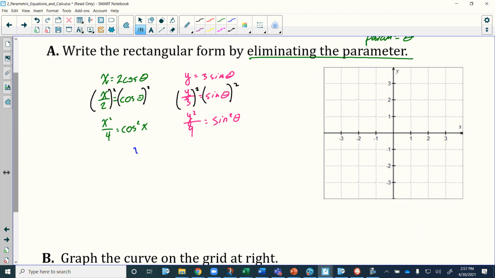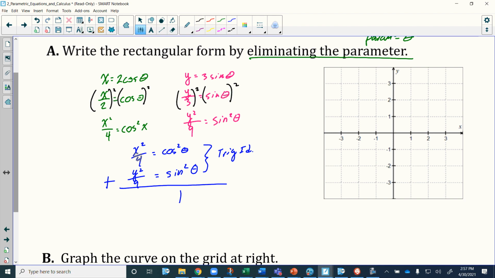I'm going to take x squared over 4 equals cosine squared of theta, and add y squared over 9 equals sine squared of theta. On the right side of the equation, what we have here is sine squared of theta plus cosine squared of theta. That's your basic trig identity, which is going to equal 1.